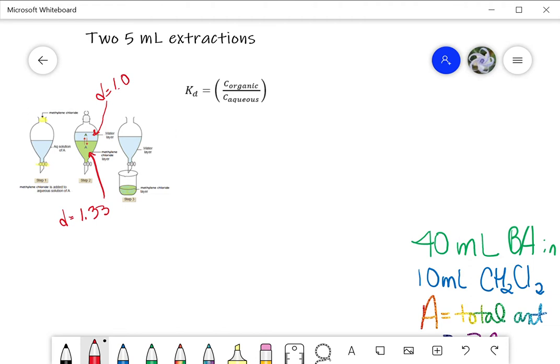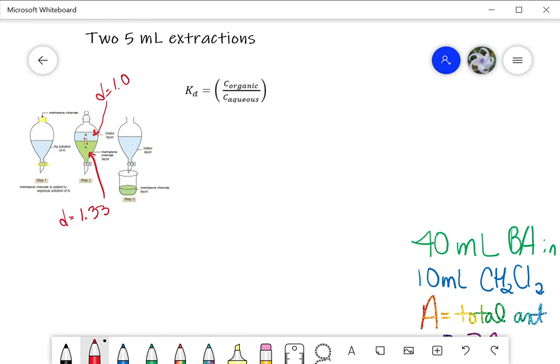All right, so let's do our calculations for doing the partition when I have two aliquots, 5 mL each, and then at the end we'll compare it to the answer that we got for our single 10 mL extraction.